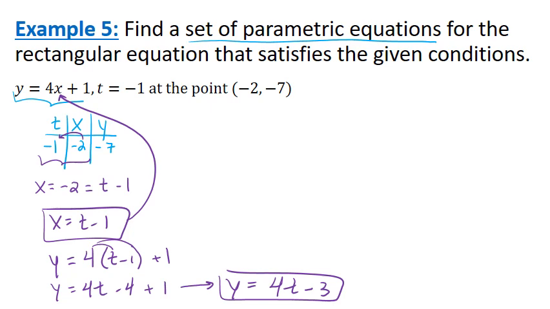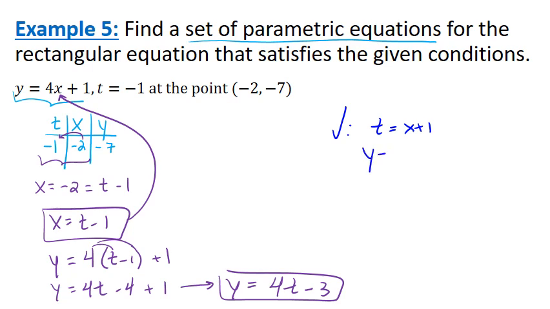Not so bad. So from here, if I want to check my result, I certainly can. Remember, what I want to do is I want to solve this for t. So if I solve this for t, t is equal to x plus 1. And what I would do is I would take this and plug it into my other equation for t.